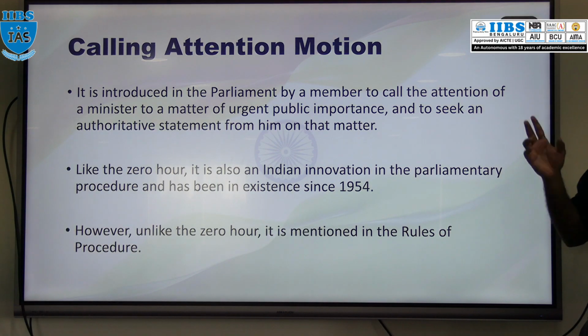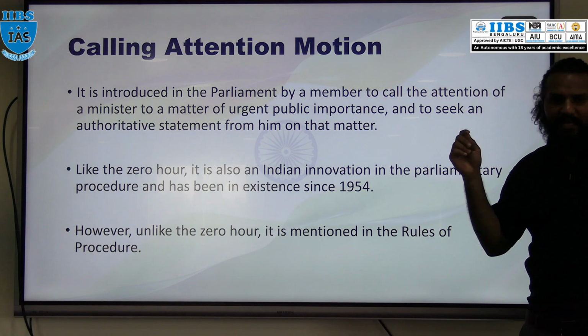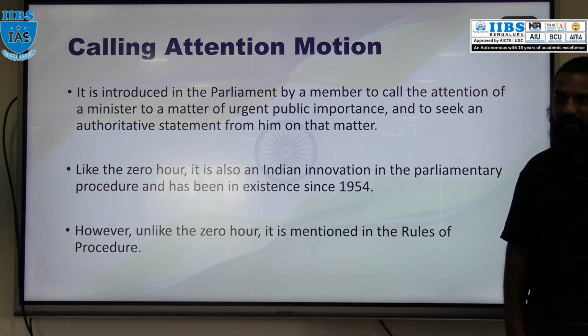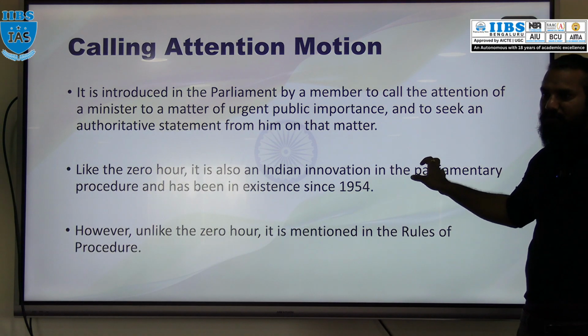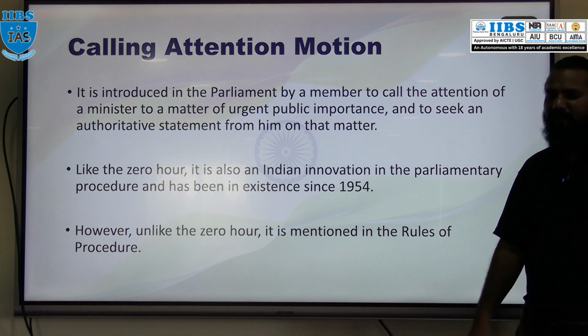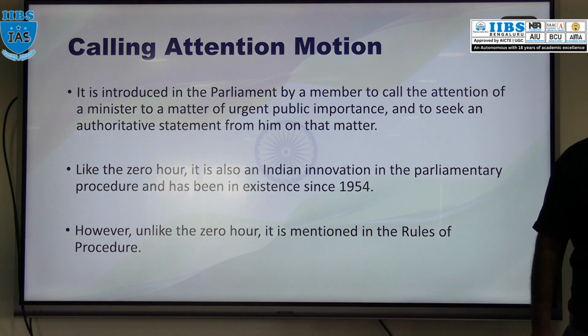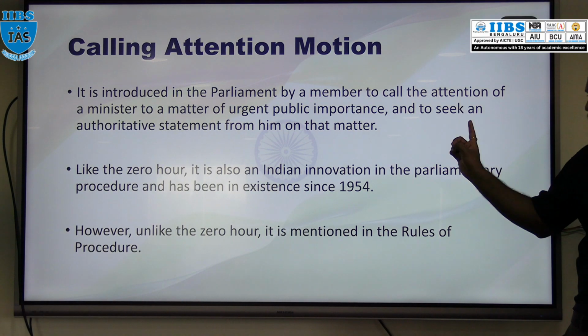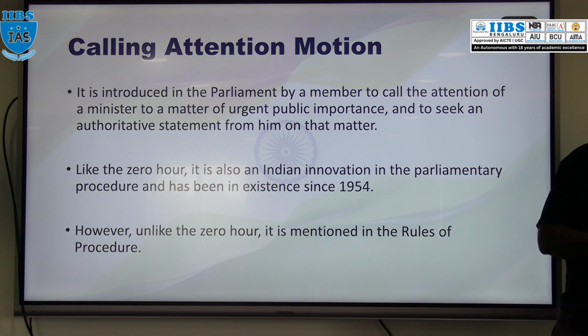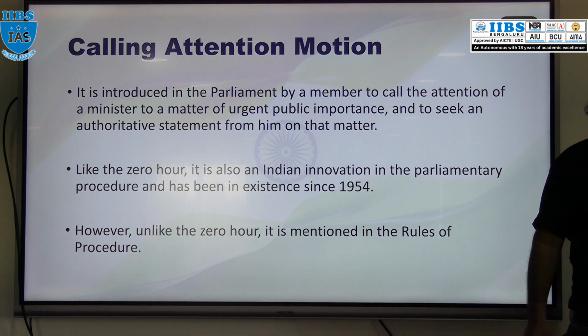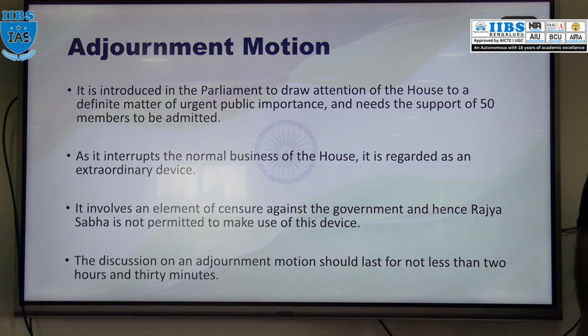In the same way, calling attention motion is also an invention of the Indian Parliament. But this calling attention motion is mentioned in Parliament rules, but zero hour is not at all mentioned. Got it? So this is about calling attention motion.